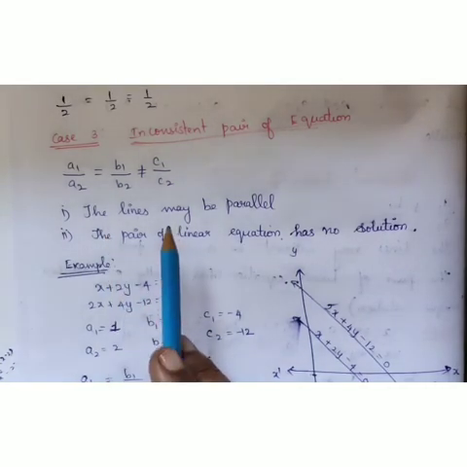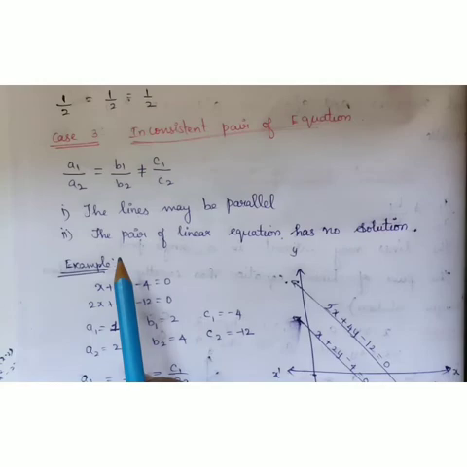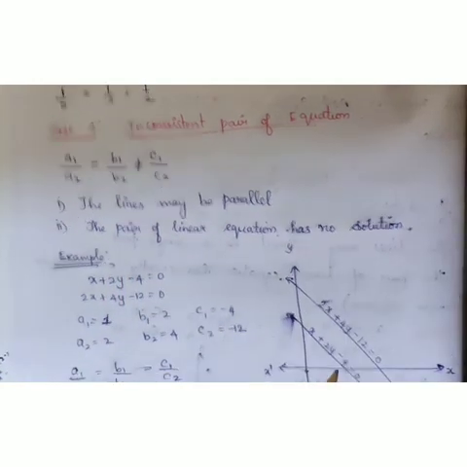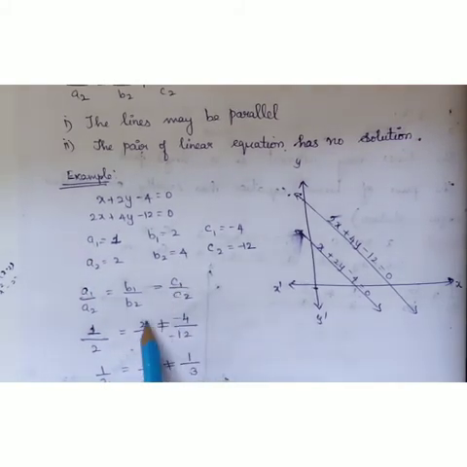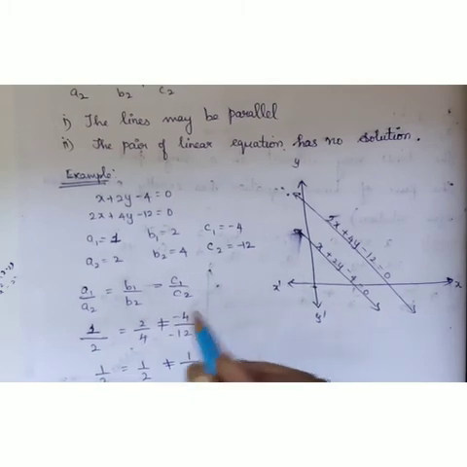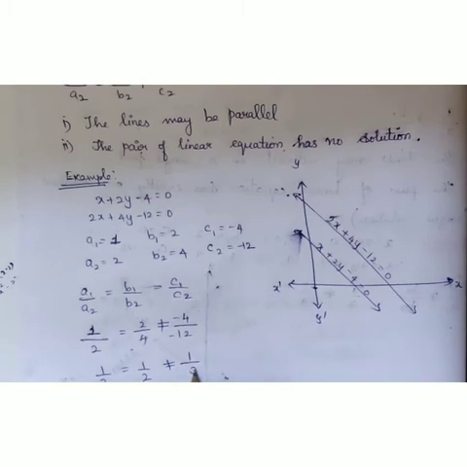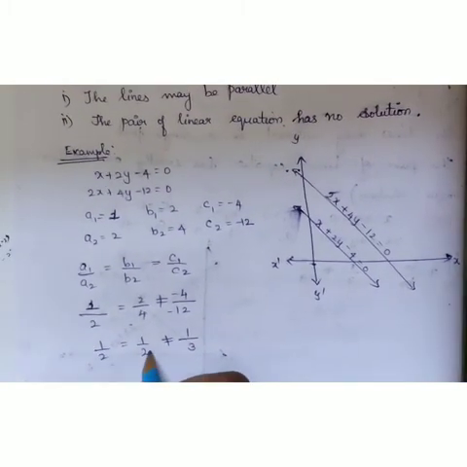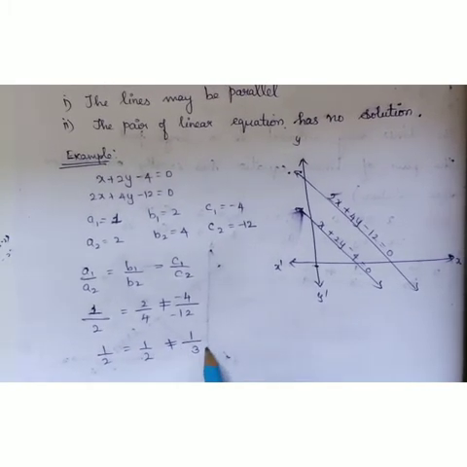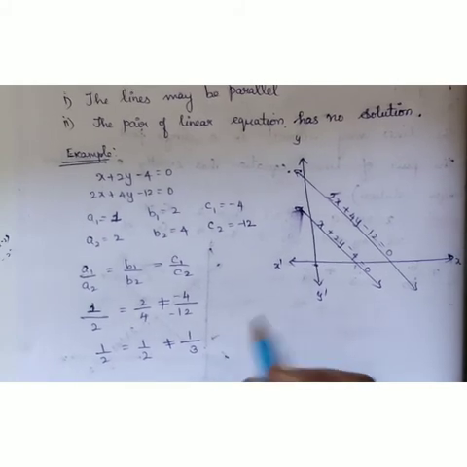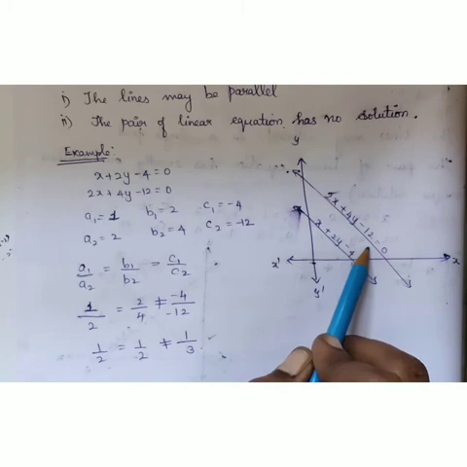Now let us check whether a1 by a2 is equal to b1 by b2, and whether that is equal to c1 by c2. a1 by a2 means 1 by 2, b1 by b2 is 2 by 4, c1 by c2 is minus 4 by minus 12. If I cancel, I get 1 by 3 here, and for the others I get 1 by 2. 1 by 2 is equal to 1 by 2, but this is not equal to 1 by 3. In this case, I will get parallel lines like this. Here, it has no solution.